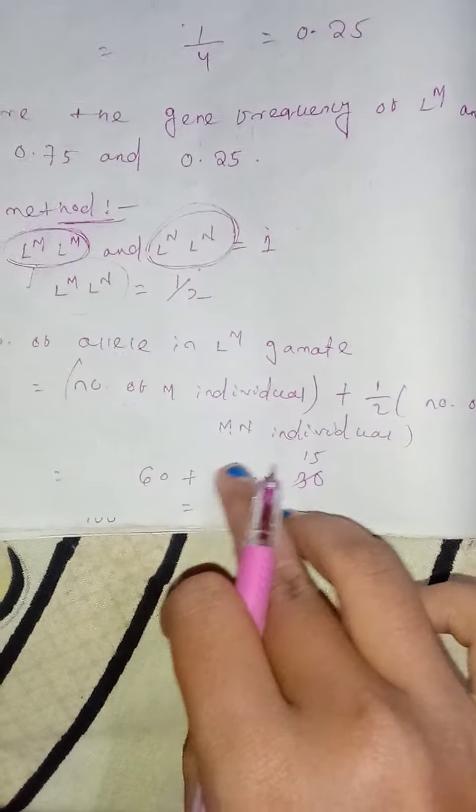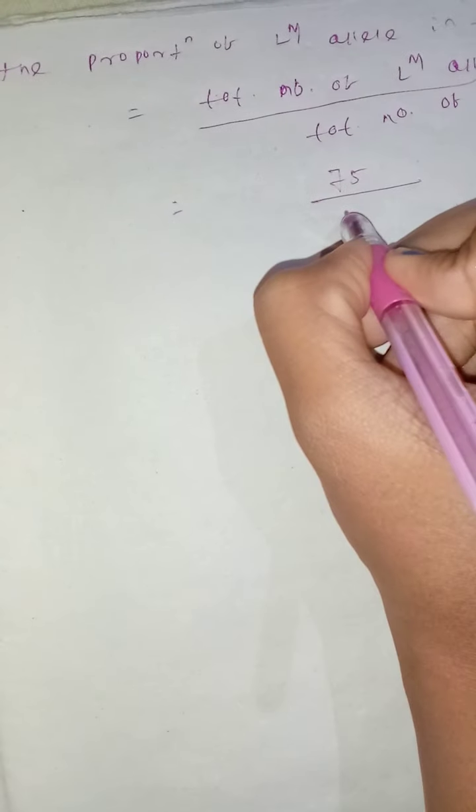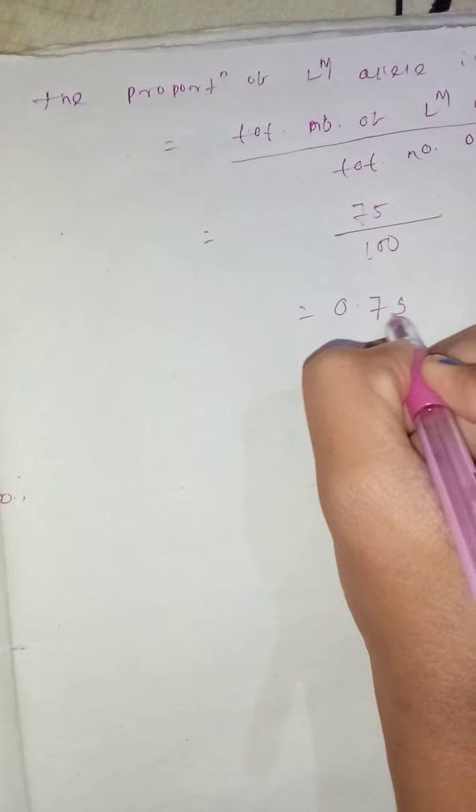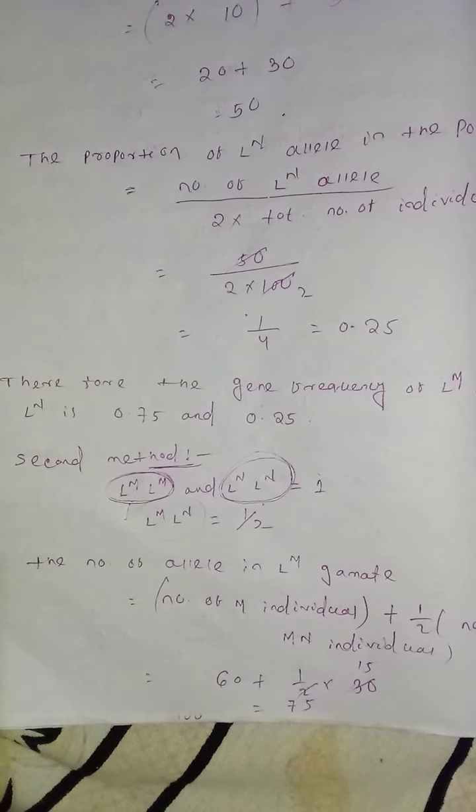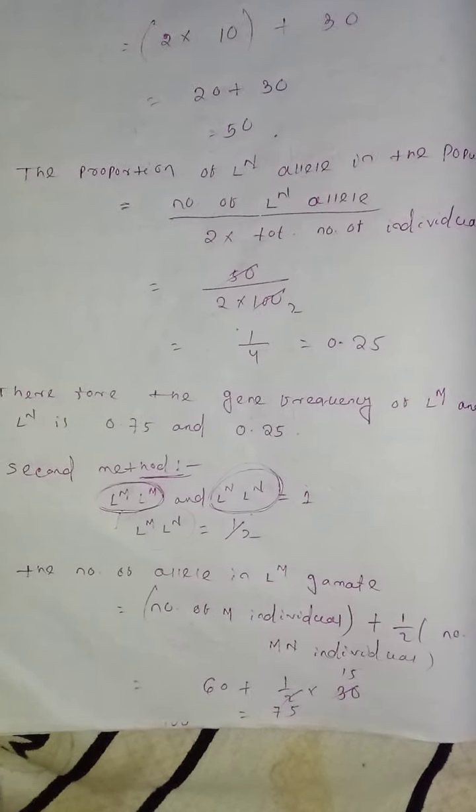We have found that the total number of alleles in LM gamete is 75. So 75 by total number of individuals, 100, is equal to 0.75.